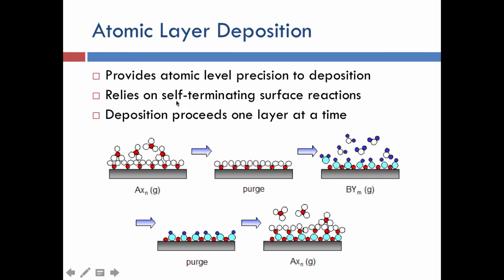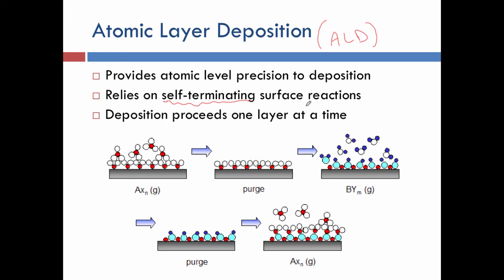And it relies on what's called self-terminating surface reactions. And we're not going to get into the details of the chemistry here. And before I forget, I should call this ALD. All right, but this relies on self-terminating surface reactions, and the deposition proceeds one layer at a time.